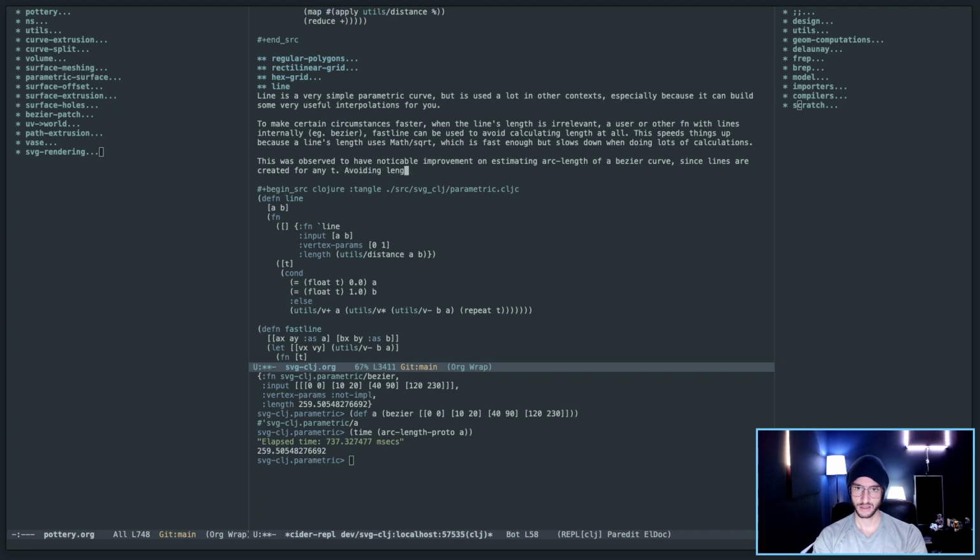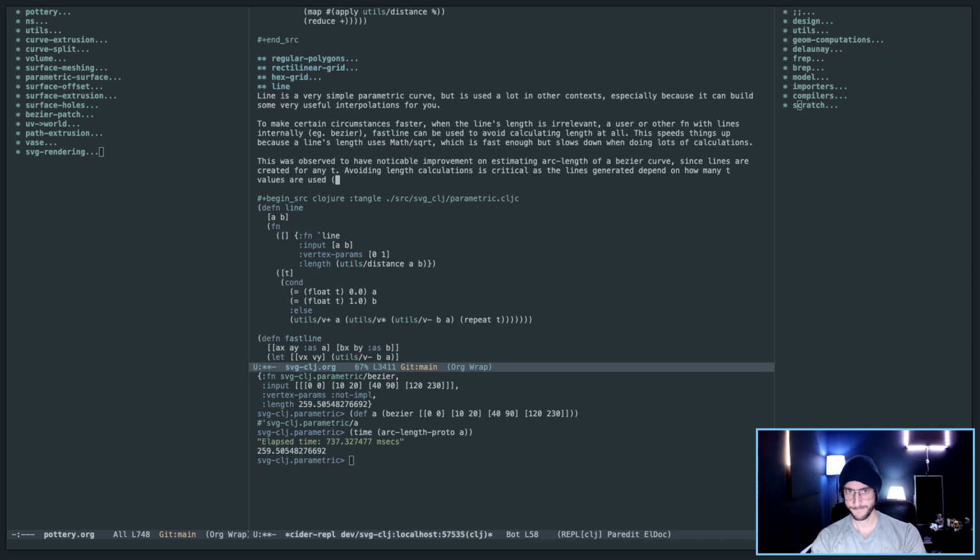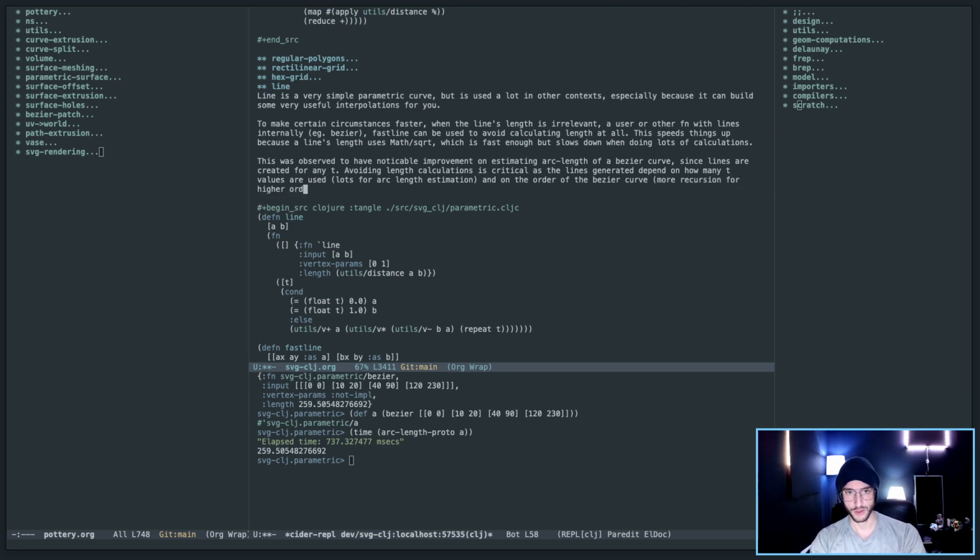Avoiding length calculations is critical as the lines generated depend on the order of the Bezier curve. More recursion for higher order Bezier curves. Blah, blah, blah.